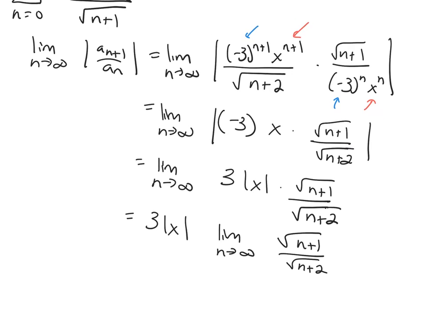Both the numerator and denominator are under square roots, so I'm just going to save myself a line. I can combine them into one square root: the square root of n plus 1 over n plus 2.